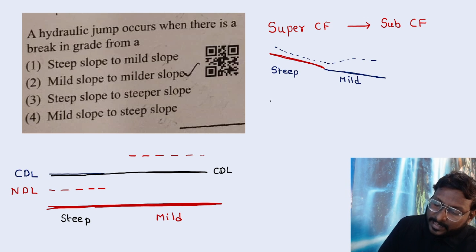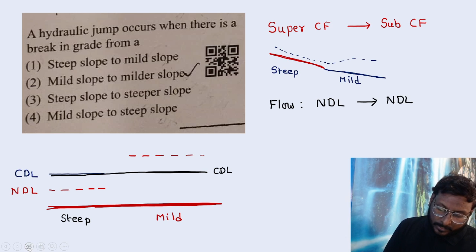Now always flow travels from NDL to NDL, normal depth line to normal depth line. So here flow traveled from this normal depth line to this normal depth line.